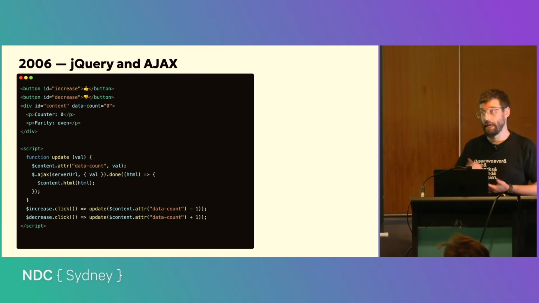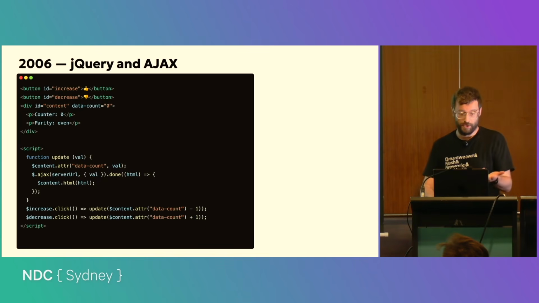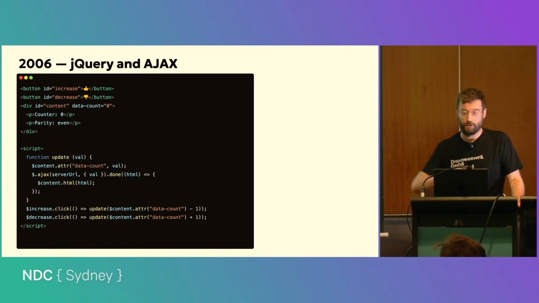So with jQuery and the introduction of Ajax, we were able to not re-render the whole page, but selectively just ask the server for the part of the page that we know will change. In this case, we still have the counter example. If we increase or decrease with the button, instead of doing the whole re-render, we actually, via JavaScript, go to the server, ask for specific content, and only replace that content.